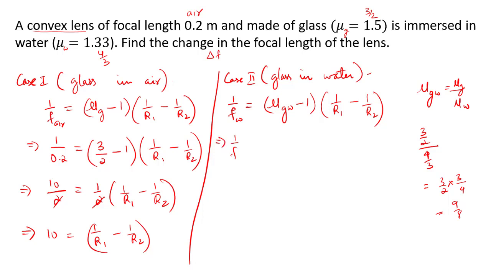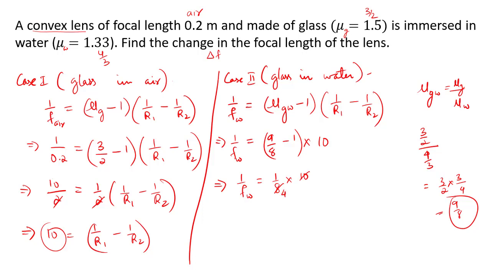So 1 by FW is the unknown value. Mu GW is 9 by 8. So 1 by FW equals 9 by 8 minus 1 into 1 by R1 minus 1 by R2, which is 10. And 1 by FW is what? 9 by 8 minus 1 is 1 by 8. 1 by 8 into 10 is 5 by 4.